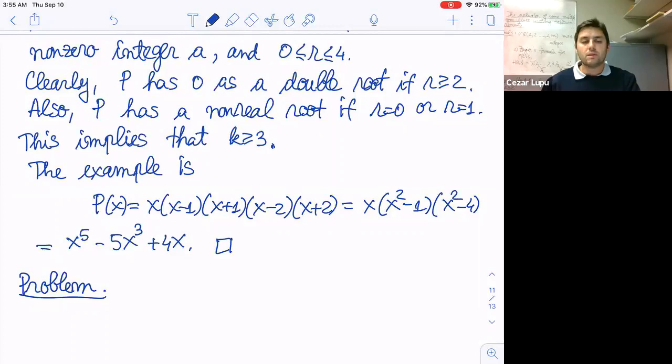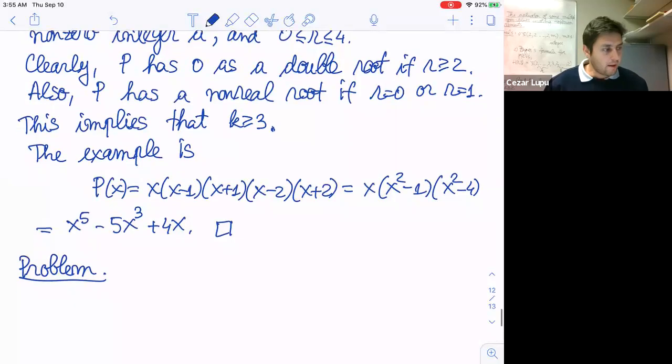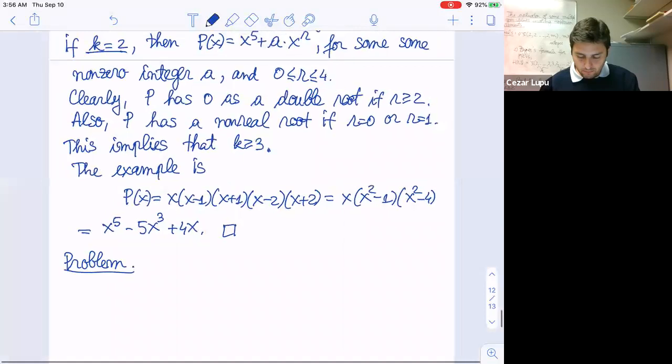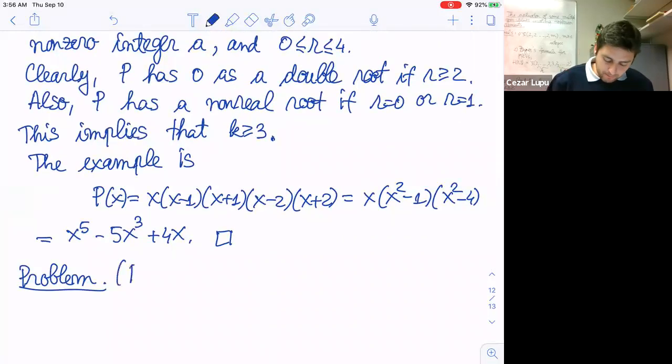Yes, there was. Now I want to talk a bit about the derivative of a polynomial. And that problem says the following. I think it was a Putnam A3 in 1991.